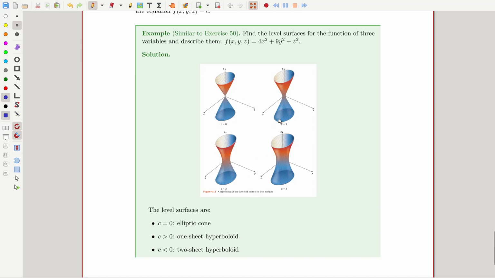The textbook gave, for particular values c equal to 0, 1, 2, and 3, what this function ends up looking like. And you can see that what we're doing is we set this thing equal to that constant, right? Now, maybe also just to make this look a little bit closer to the quadric surfaces, let's do it like this, right?